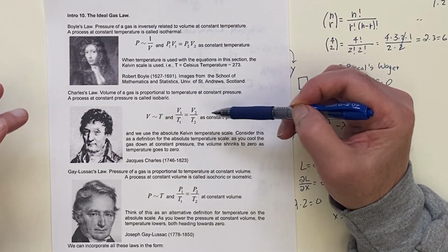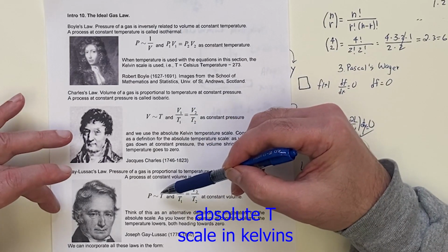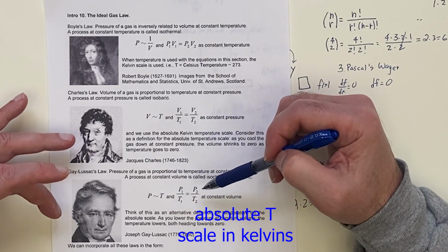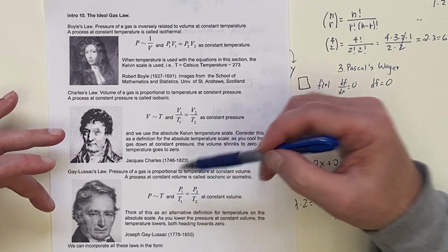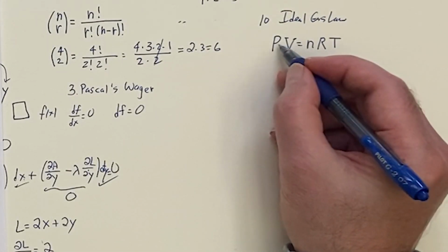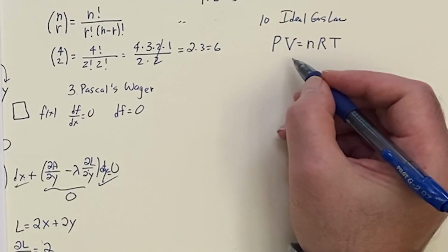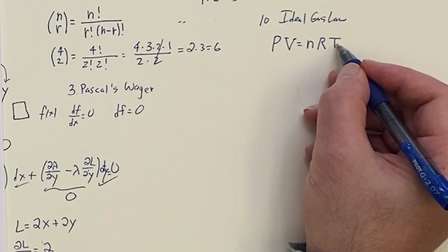Charles's law: at constant pressure, V goes with T. And then Gay-Lussac: at constant volume, P goes with T.